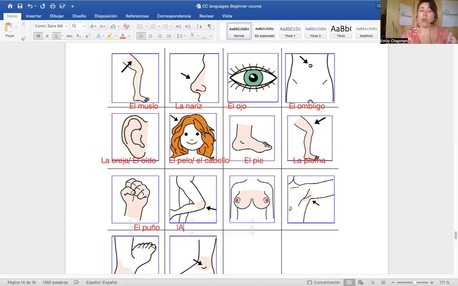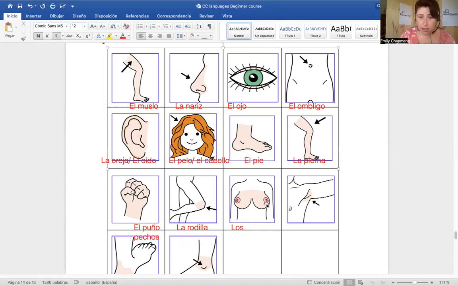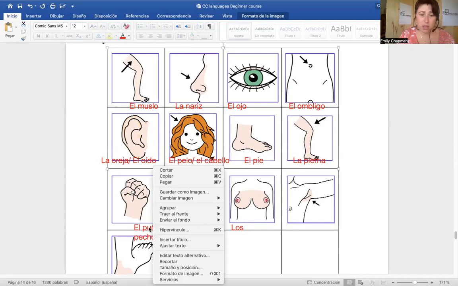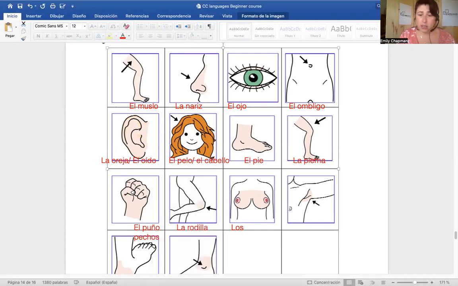Knee, la rodilla. Breasts, the most polite way we would probably say, we would say los pechos. If we're needing a mammogram or anything medical, we would say los pechos.